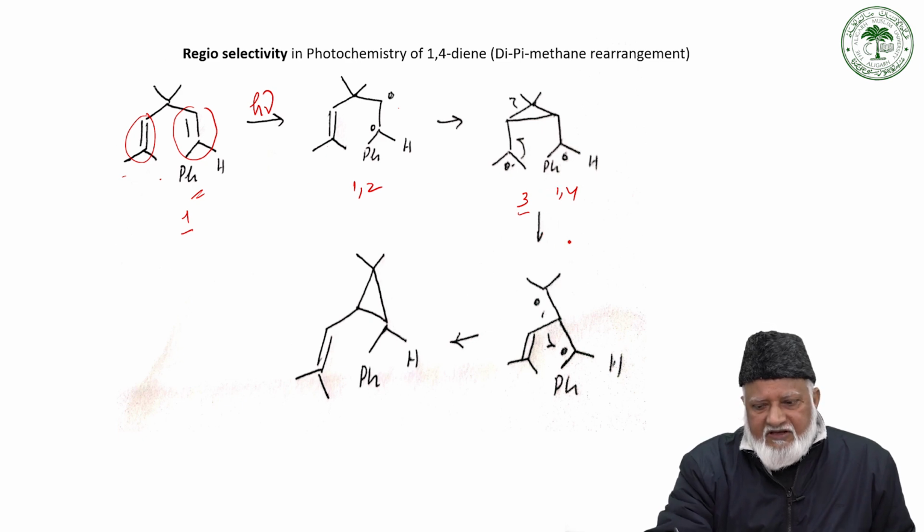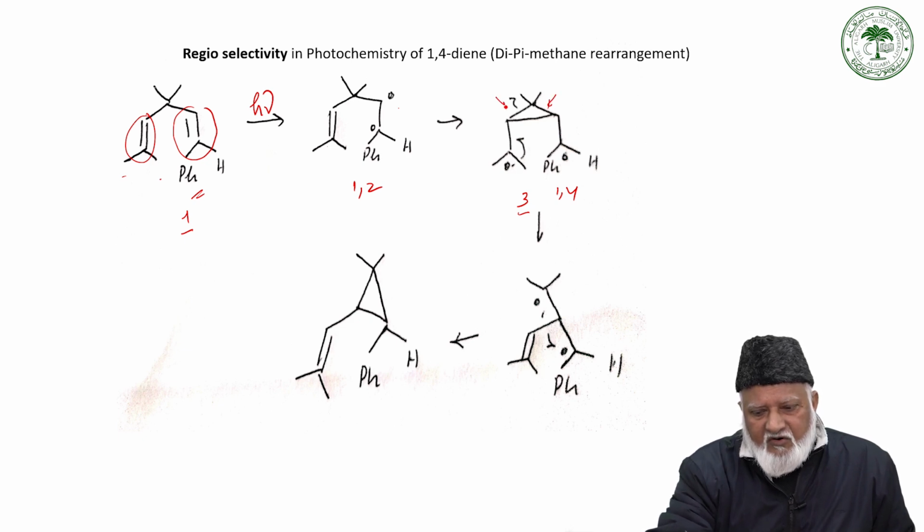Next, there is a possibility of cleavage of either this bond or this bond. If you get a double bond here, then this may cleave to give this moiety.